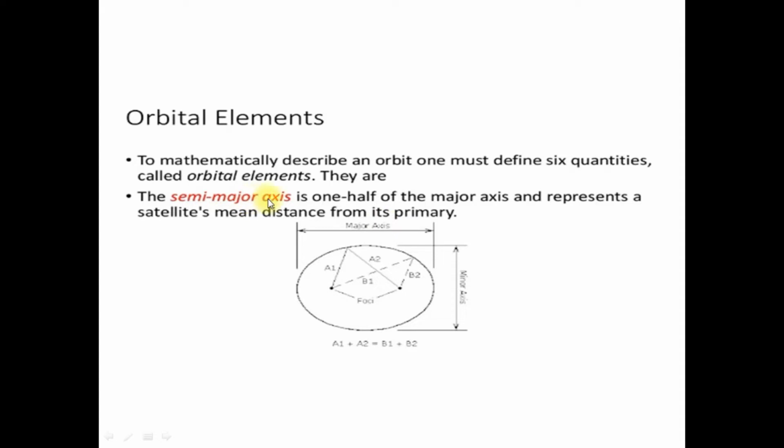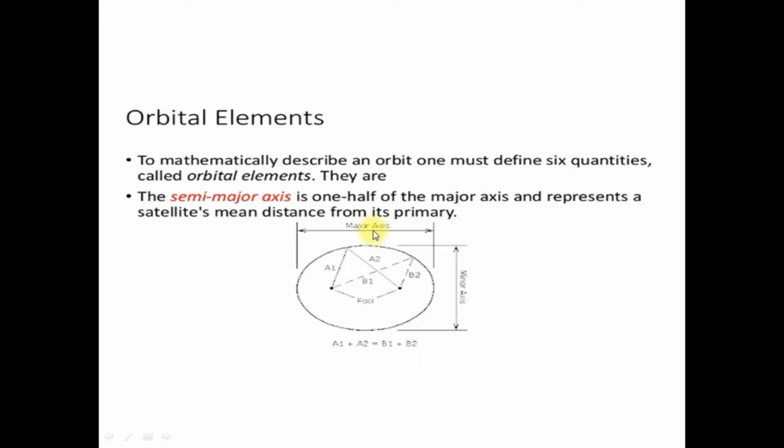The semi-major axis is one half of the major axis and represents the satellite's mean distance from its primary. Here it is the minor axis and this is the major axis. We are going to state that the semi-major axis is one half of the major axis.